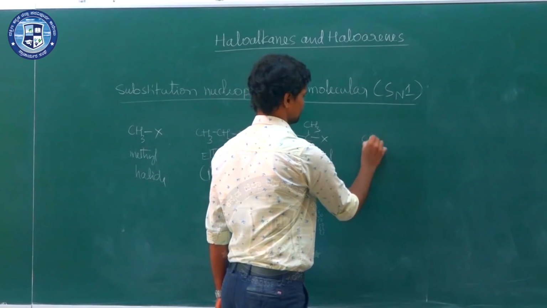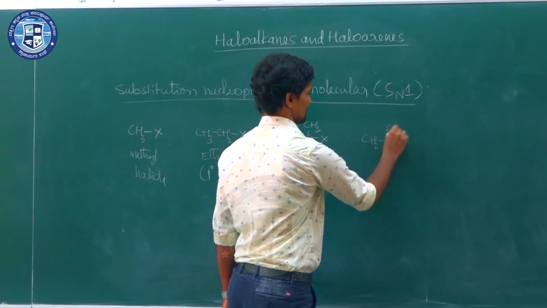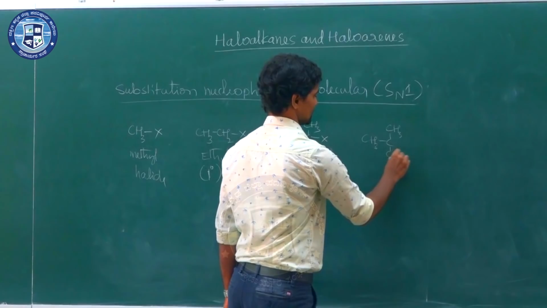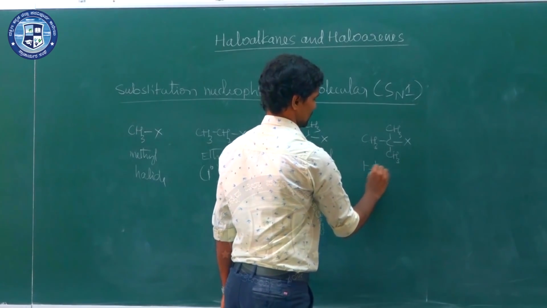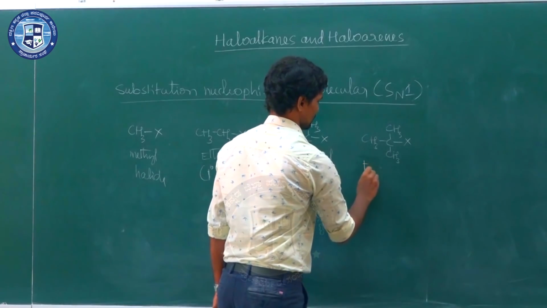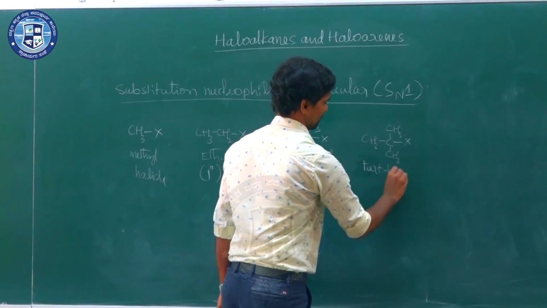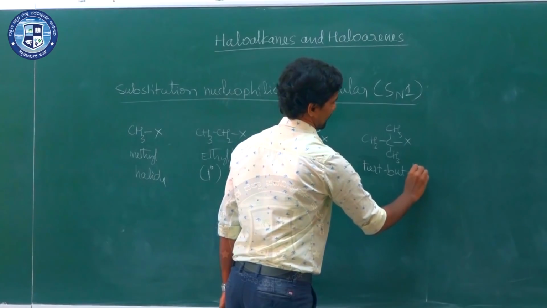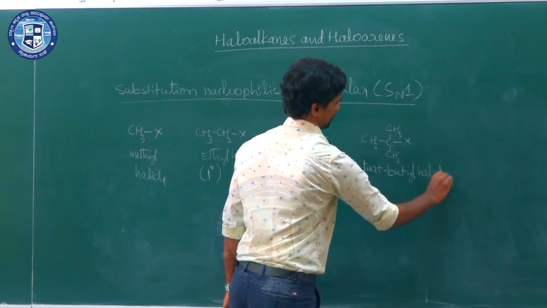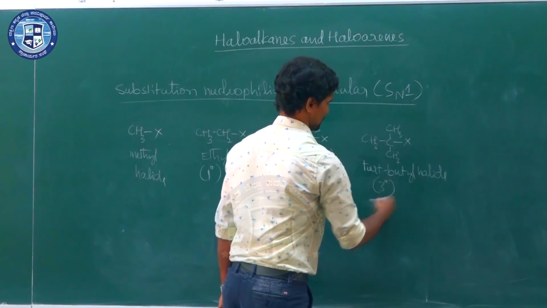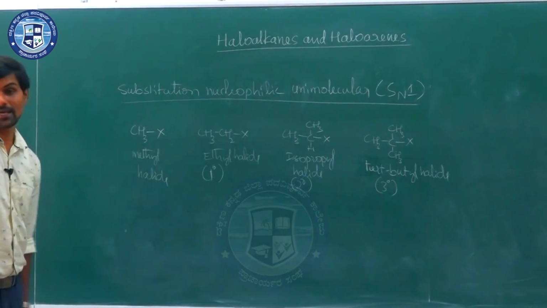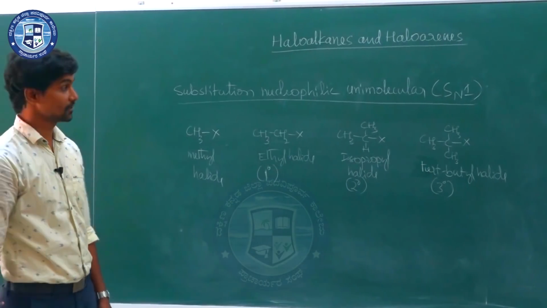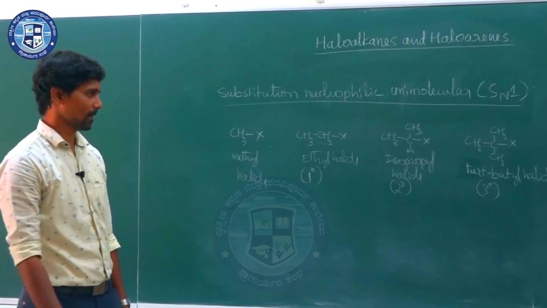Then tertiary butyl halide, CH3, CH3, CH3 and here the halide. So among these 4 halides, which has higher reactivity towards the SN1 mechanism?